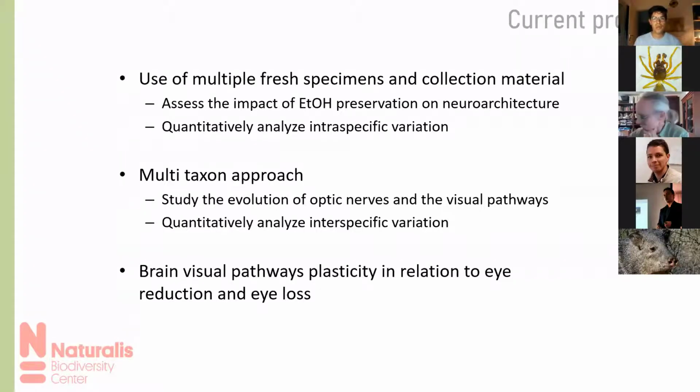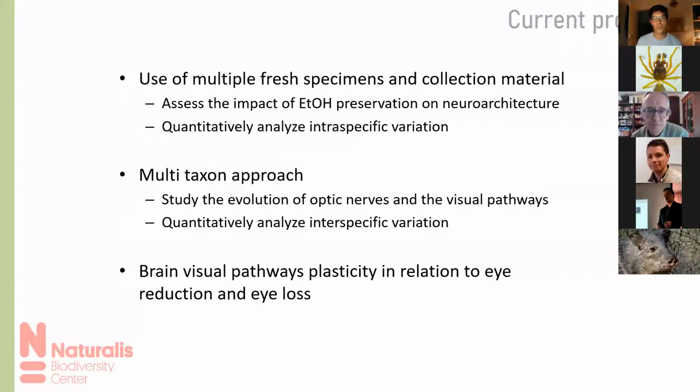And well, we are currently applying this protocol, and we will be doing so in other projects for contrasting the quality of the scans that we can get from freshly collected specimens versus legacy material. And here we want to assess the impact of ethanol preservation on the neuroarchitecture.